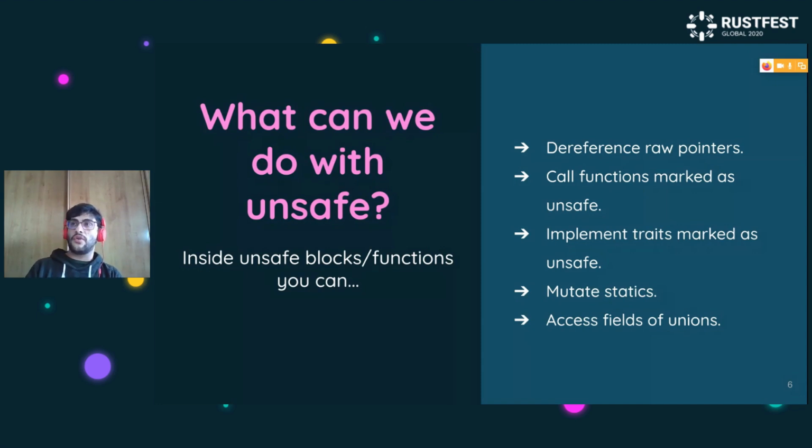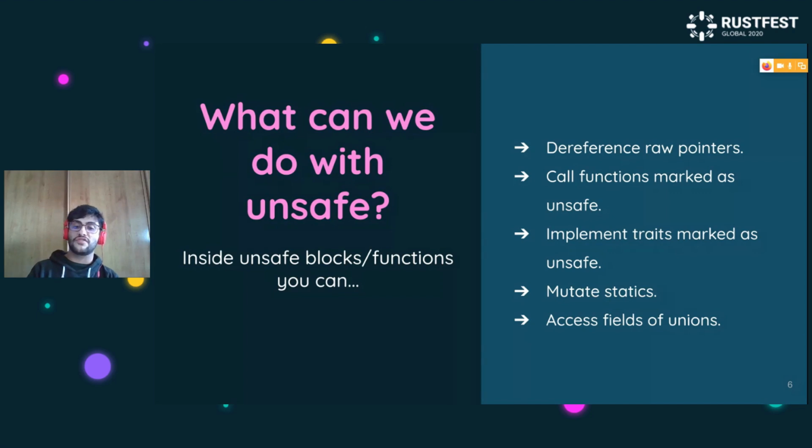There are some traits that are marked as unsafe too. So if you want to implement those traits, like Send and Sync from the standard library, you have to use unsafe. If you want to mutate statics because you are sure that your program needs some sort of mutable global state, even if some people don't like it, you can use unsafe to do that. You can also use unsafe to access fields of unions.